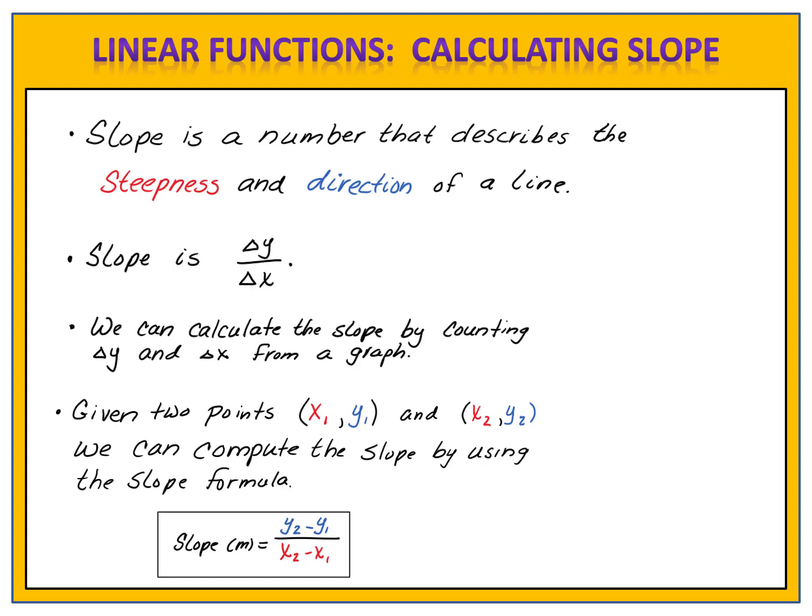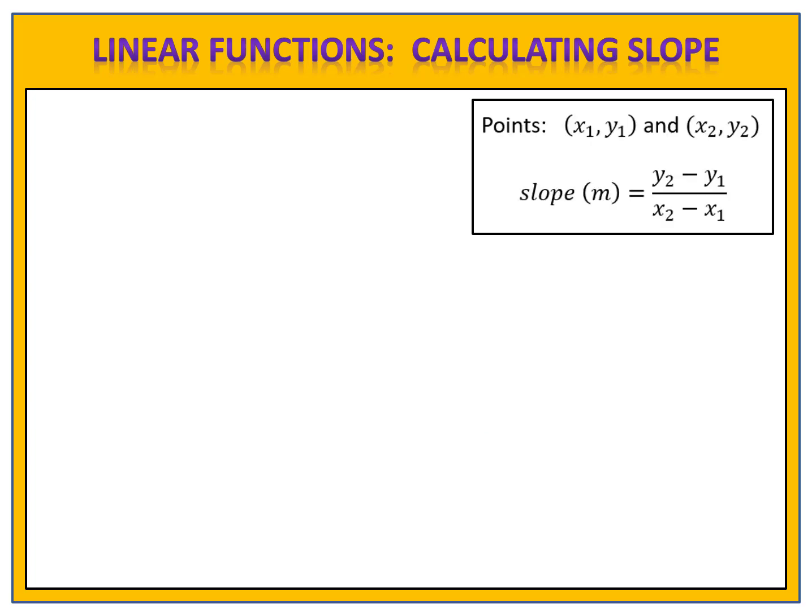M is the letter in mathematics that represents slope. y2 minus y1 is the change in the y values, and x2 minus x1 is the change in the x values. That shouldn't surprise us because slope is change in y over change in x, and that's exactly what this formula finds. Let's take a look at some examples to see how this works.